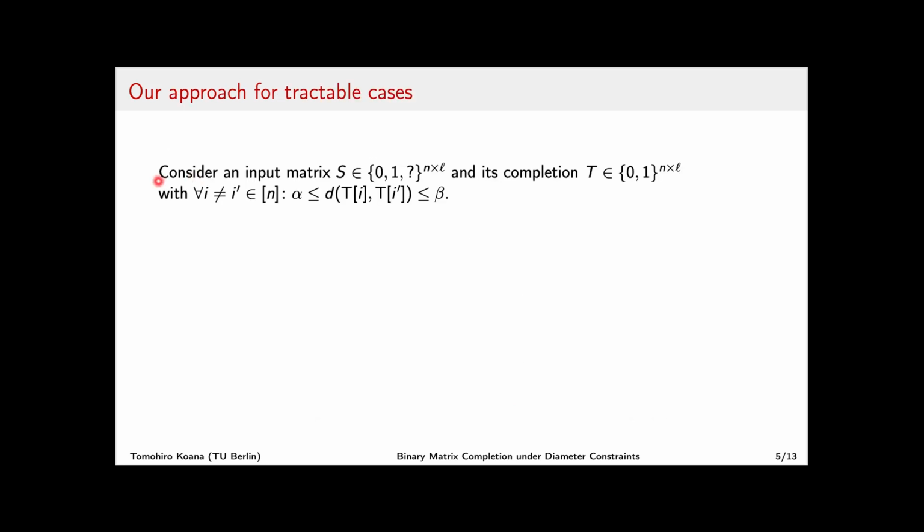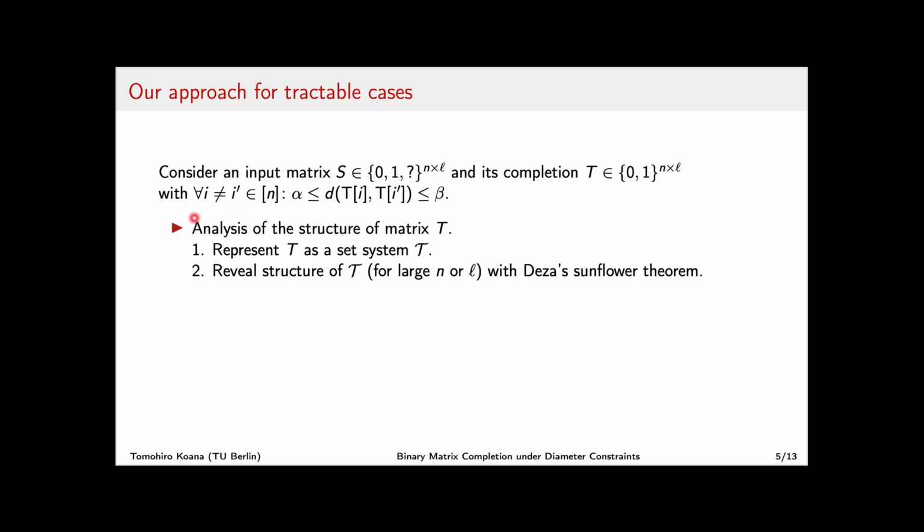Before getting into details, let me explain how our algorithms work. Suppose that we are given input matrix S, and suppose that it has a hypothetical solution T, which is a completion of S with diameter constraints.